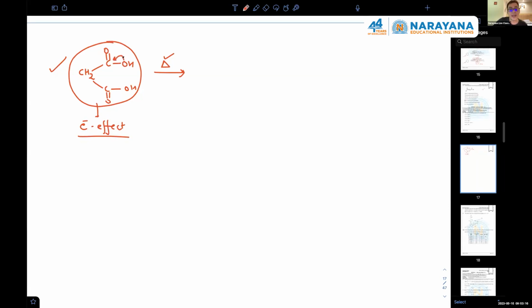As it does resonance, this H may become free. So you can write C double bond OOH, and as this moves in resonance, this O provides backup to the H. Finally you get C double bond OO minus, and here COH positive and OH.